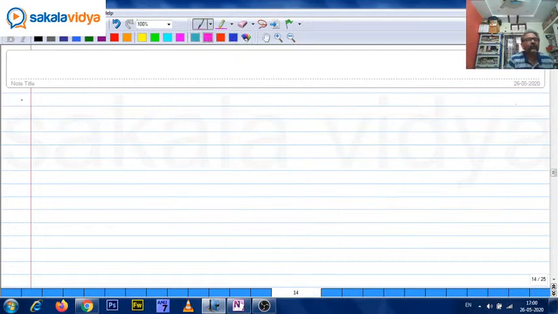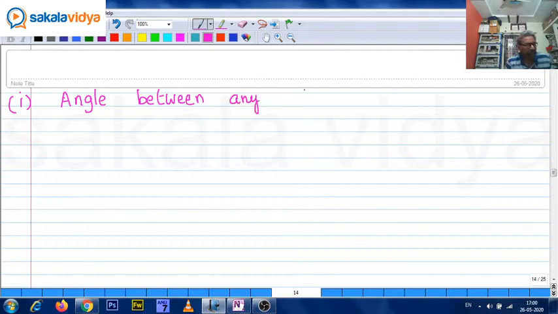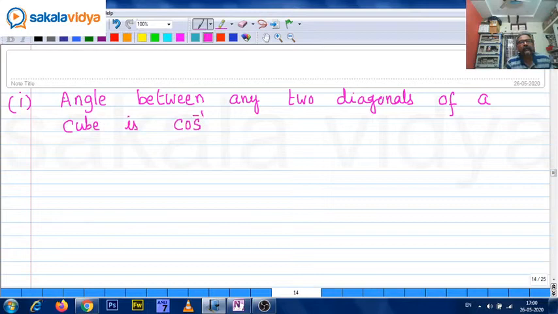Now the first point under this: the angle between any two diagonals of a cube is cos inverse of 1 by 3.